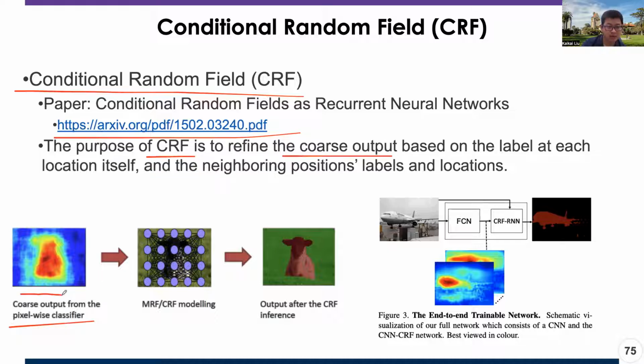The boundary is not that good. So now you go to this conditional random field and make the boundary very sharp. Clean the boundary. Similar in this paper, Conditional Random Fields as Recurrent Neural Networks. In this paper, they utilize a fully convolutional network. Fully convolutional means they only have convolution layers.